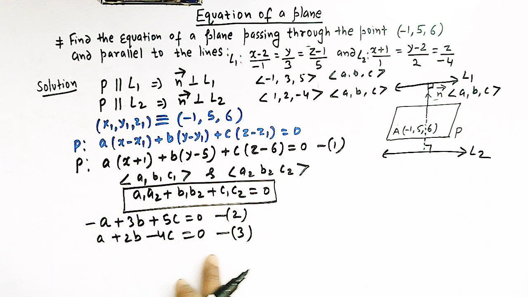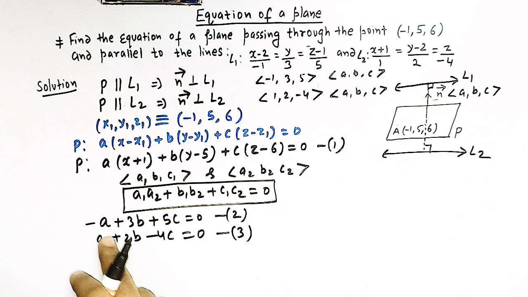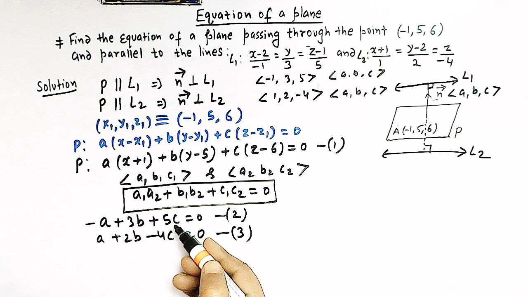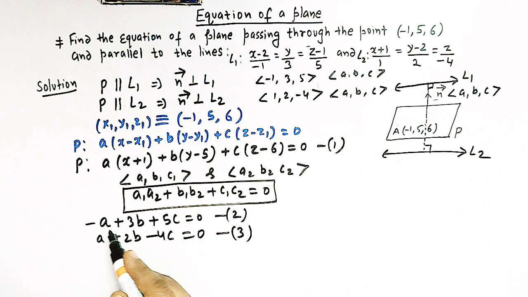Now the usual practice is to solve these two equations by the cross multiplication method, but here we'll make use of the method of elimination, right? So what we can do, we can eliminate any one of the variables, that is a, b and c. So here we'll select the variable a and will eliminate the variable a from these two equations, right?